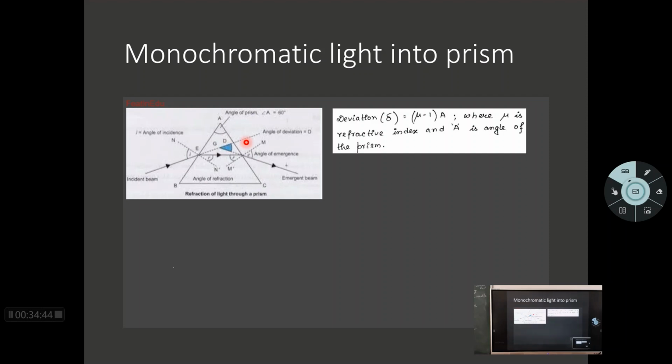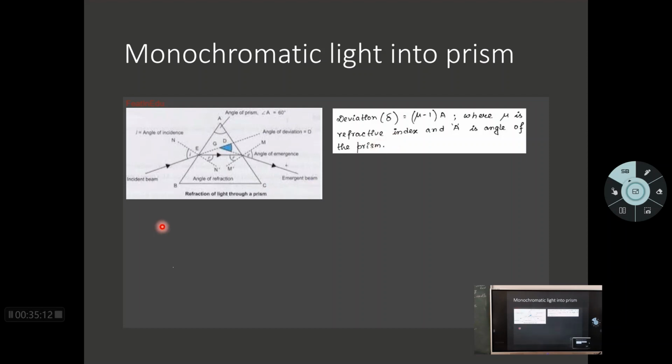Air. There will be air. And what is the refractive index of air? 1. So 1 minus 1 is 0. The deviation is 0. Correct? Or if you had a prism whose refractive index is 1, then again you will not have any deviation. Here mu is the refractive index, A is the angle of prism. You will have this derivation in your higher class.